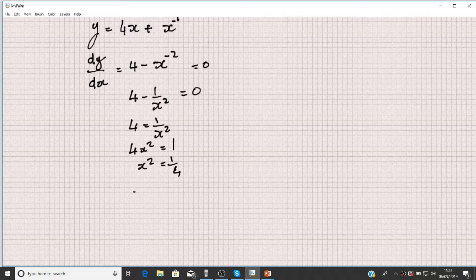We have to take into account that x would be plus and minus 1 over the square root of 4, which is 2. So x can be negative a half, or x can be positive a half. So let's plug that in to find the value of y. We'll do the positive one first.